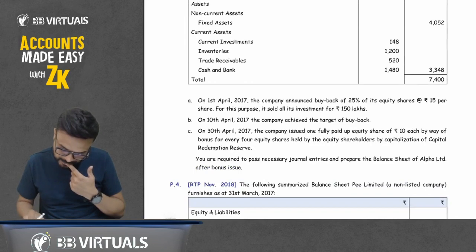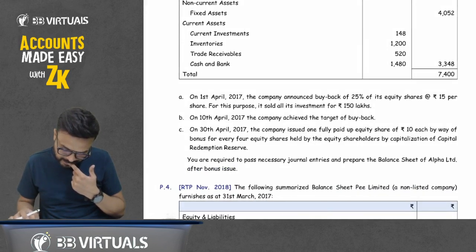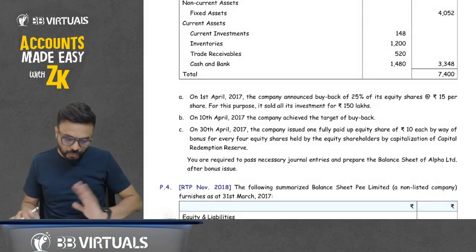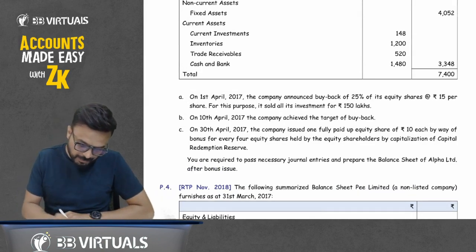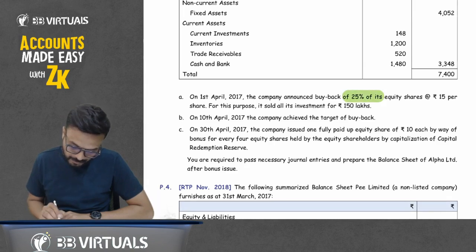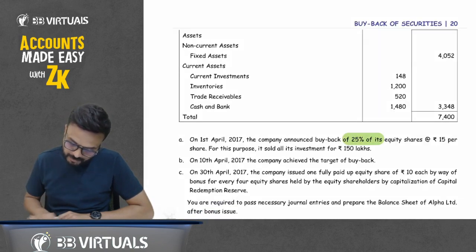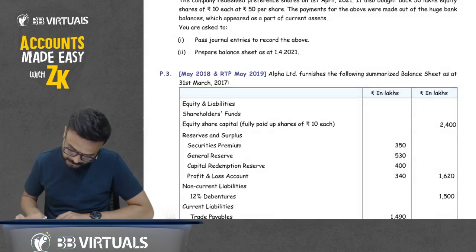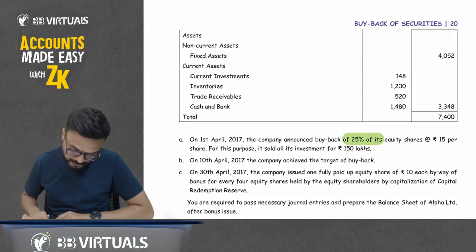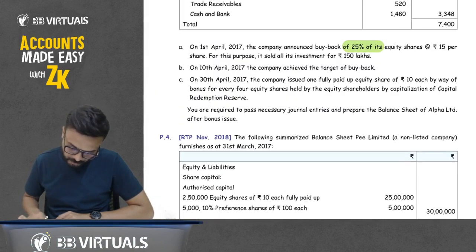Third: the company issues bonus shares, capitalization, liquidation. Yes, you can do the third one because it is a simple question and we have solved a similar question. Buyback of 25% of paid up capital, sold all of its investment at rupees 150. There will be profit here, no problem. The company achieved the target.